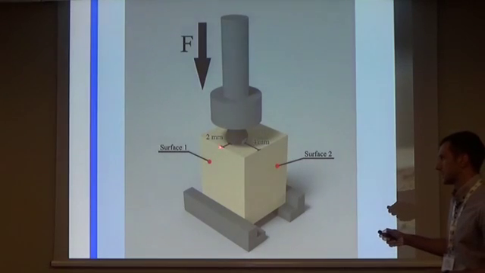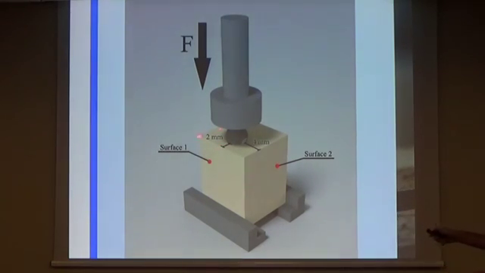One surface is 2 millimeters displaced from the tooth implant, and the other surface is 4 millimeters.